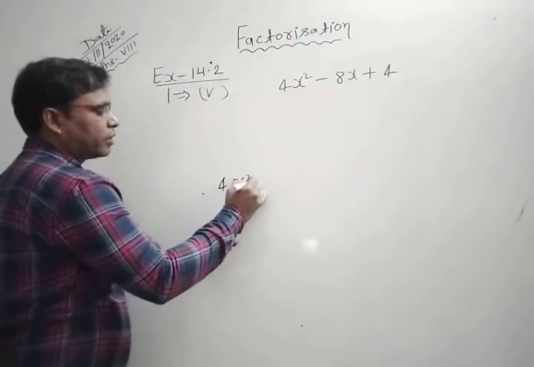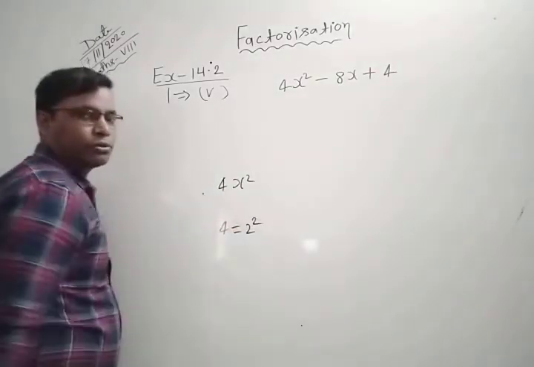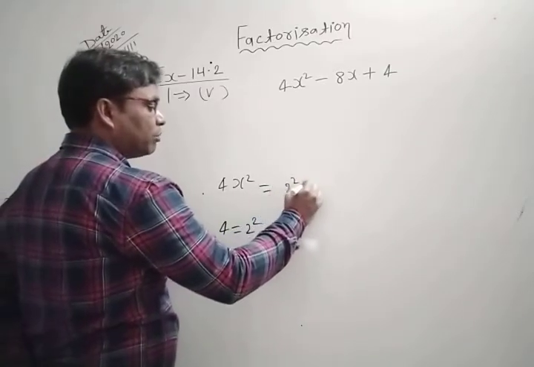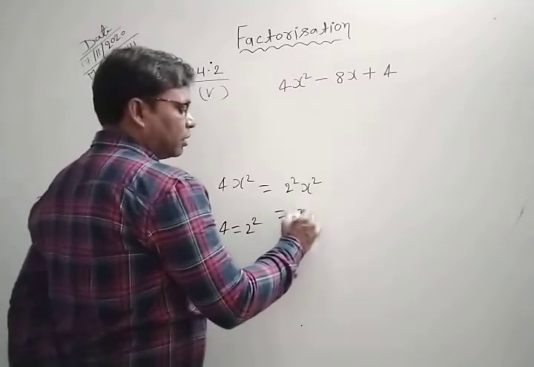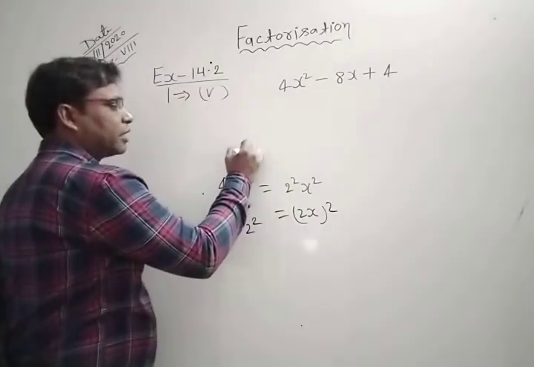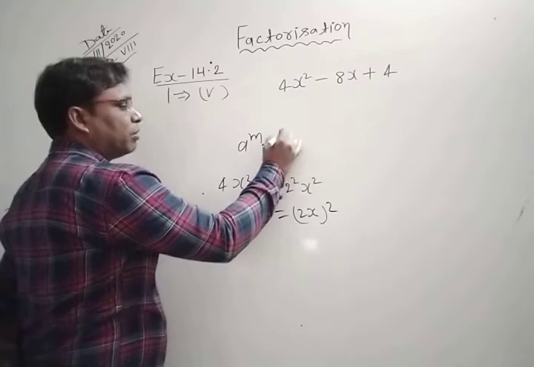Okay, so 4x square. You know very well 4 is equal to what? 4 is equal to square of 2. So 4x square, you can write it square of 2 into x square. Clear? Also you can write it square of 2x, because you know very well this identity, a to the power m into b to the power m.